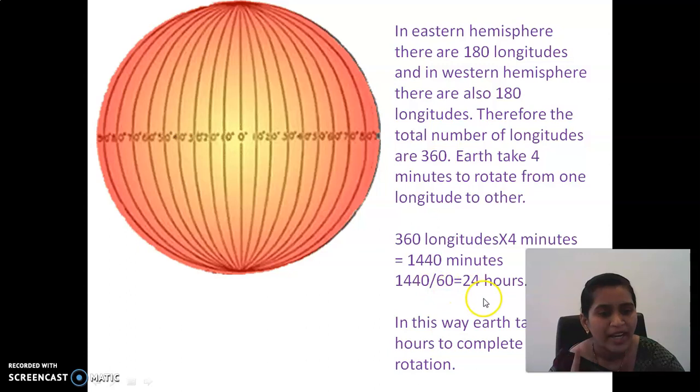That is 24 hours a day. One day consists of 24 hours. In this way, Earth takes 24 hours to complete one rotation. So guys, you understand how days are formed and how we calculate 24 hours a day. Hope you all understood this concept.